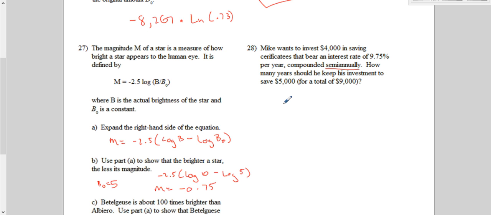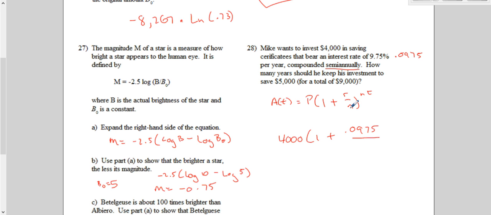And I need to follow the formula A of t equals P times 1 plus r over n to the nt. P is my 4,000. So I'm taking 4,000 times 1 plus my rate, which is 0.0975 as a decimal.